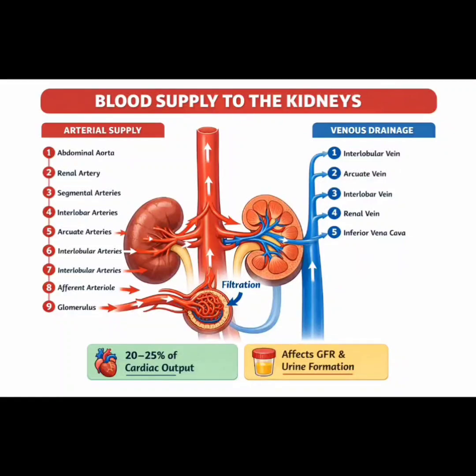This renal artery then divides into smaller arteries like the segmental arteries, interlobar arteries, arcuate arteries, interlobular arteries, the afferent arterioles, and finally the glomerulus.